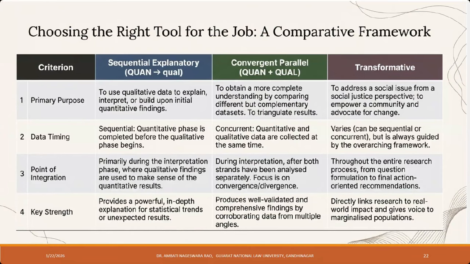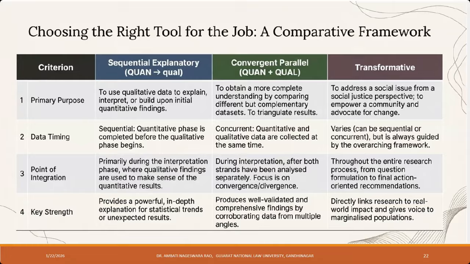If you want to address a particular social issue from a particular perspective, like social justice, a feminist perspective, Karl Marx perspective, or any particular framework, if you want to bring some change, if you want to advocate, then you go for the transformative perspective.